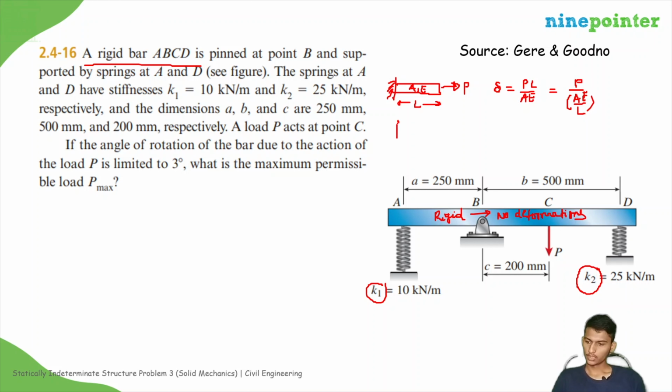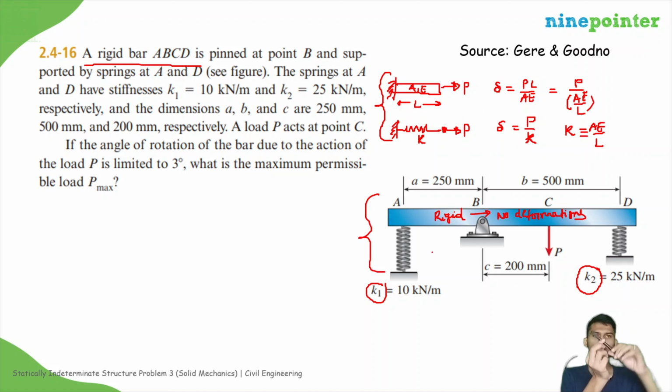Similarly, if you take a spring with constant K and you apply load P, then delta will be equal to P by K, right? So by analogy, K is equal to AE by L. So you can replace the spring by a rod with the value of K as AE by L. Both have similar functions, so you can directly solve like this.